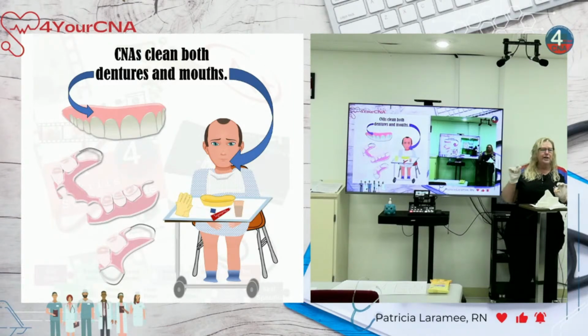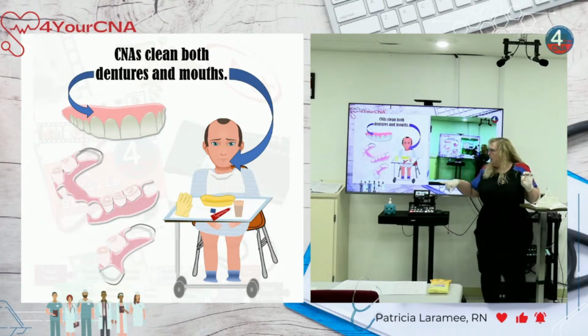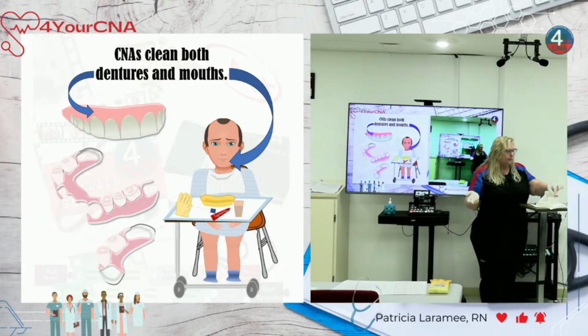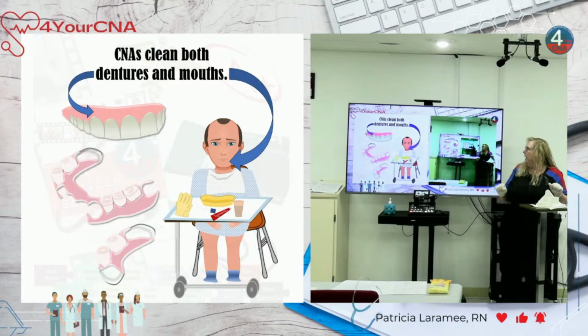Now, a lot of bridges are now implanted. So we don't see removable bridges very often, because a lot of them are now implanted. But you may see it from time to time, little pieces of dentures. Now, they're all cleaned the same way. But I find it's helpful if you understand the different types of dentures that we have.